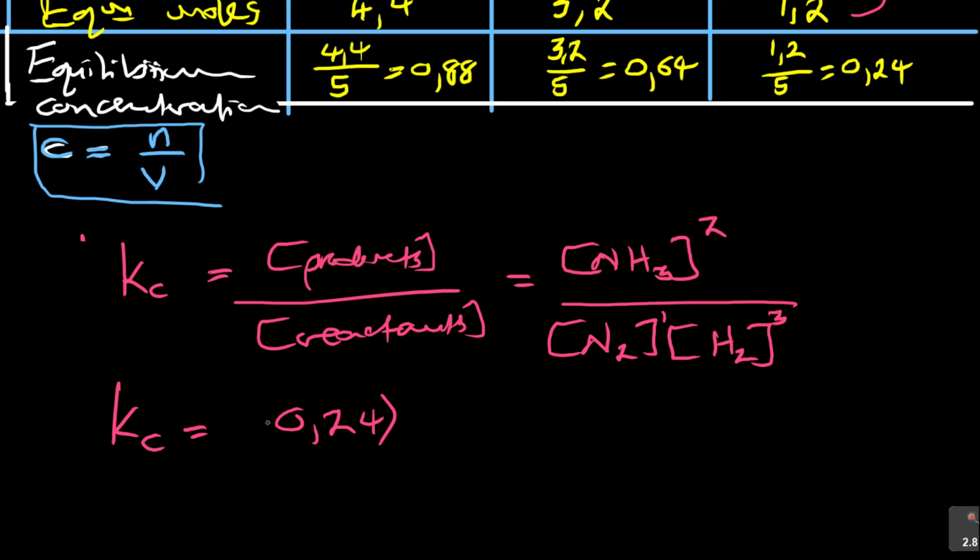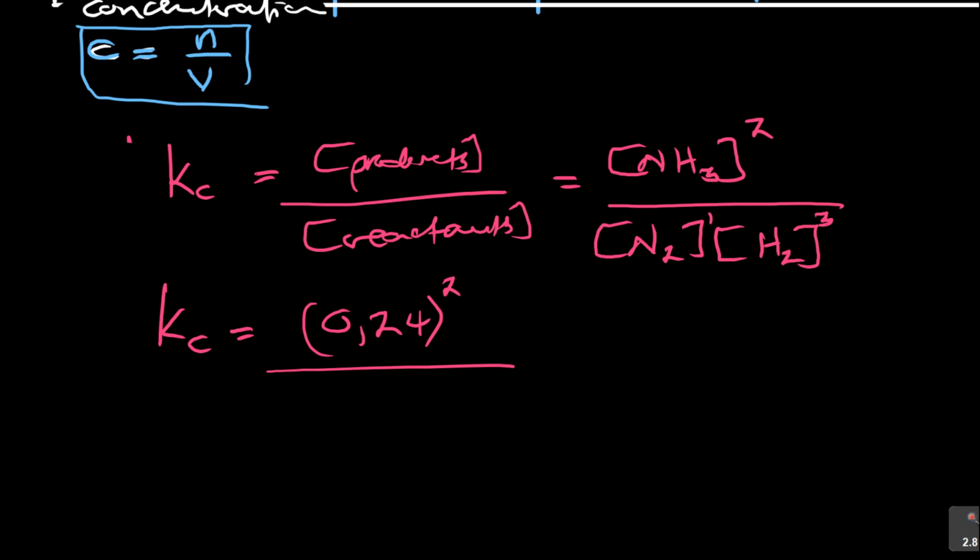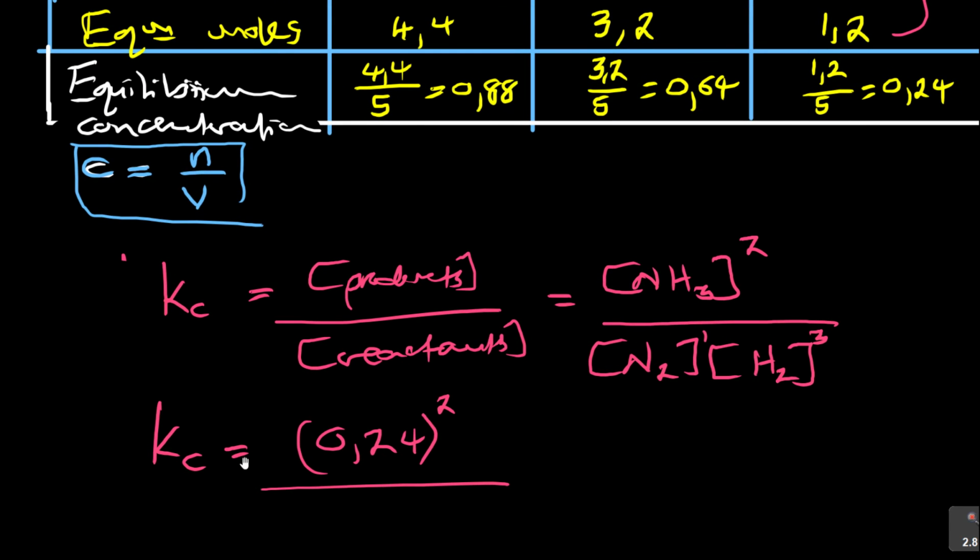0,24 squared over, now the first one is nitrogen and hydrogen. So nitrogen is this one, 0,88 to the power 1, and then the other one is 0,64 to the power of 3. Alright, then it can give us the answer there.